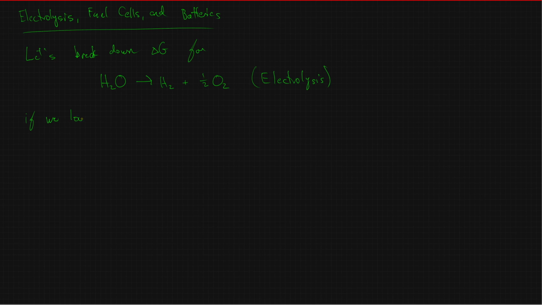Okay, so if we look at the table again, table on page 404 and 405, we would see that for formation of water, we should have that delta H_f is equal to minus 285.83 kilojoules. So that would be for having hydrogen and oxygen and going the other way, right?